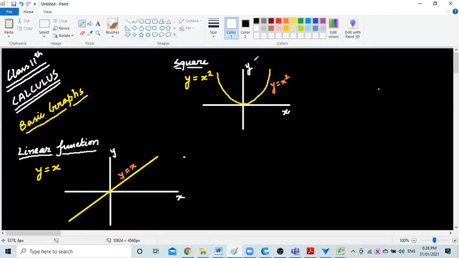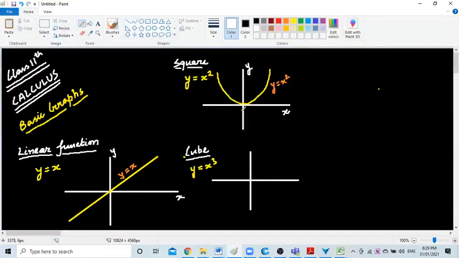Alright, in the same manner let's discuss the cube function. Alright, and how can we represent it? We can simply put it like y equals x cube. Okay, now it's like this.